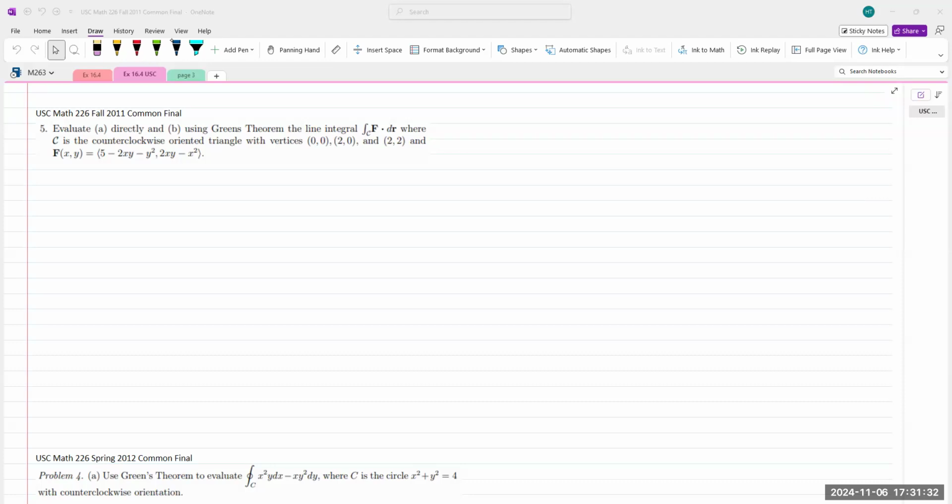In that common final, number 5, the question is: evaluate first directly and second using Green's theorem the line integral, where C is the counterclockwise oriented triangle with vertices (0, 0), (2, 0), and (2, 2). Counterclockwise, positively oriented.